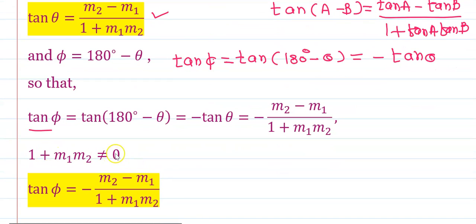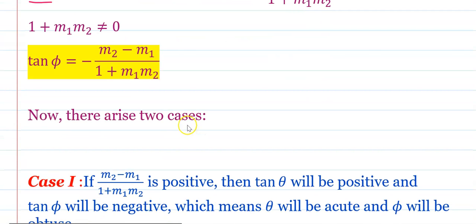Again, 1 plus m1 into m2 is not equal to 0, and hence tan phi equals minus of m2 minus m1 upon 1 plus m1 into m2 when phi is an obtuse angle. Okay, and when theta is an acute angle, then we have a positive sign. Now here arise two cases.